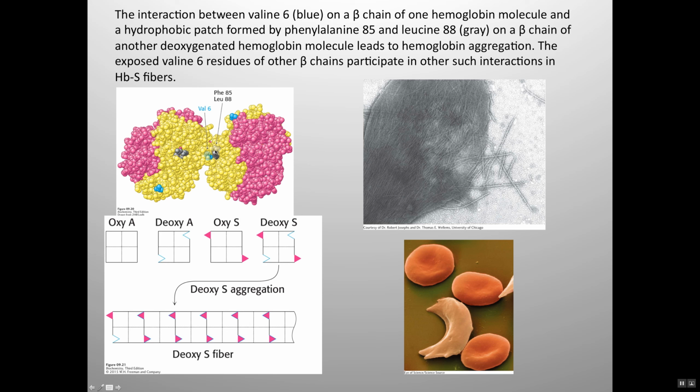Here's a little hydrophobic patch formed by phenylalanine and leucine. And especially with deoxyhemoglobin, so at low oxygen concentration, you get this aggregation and you get the formation of these fibers. And we can see here an electron micrograph inside a red blood cell, so we can see the fibers here. And there we can see a sickled red blood cell as a result of the formation of these fibers.